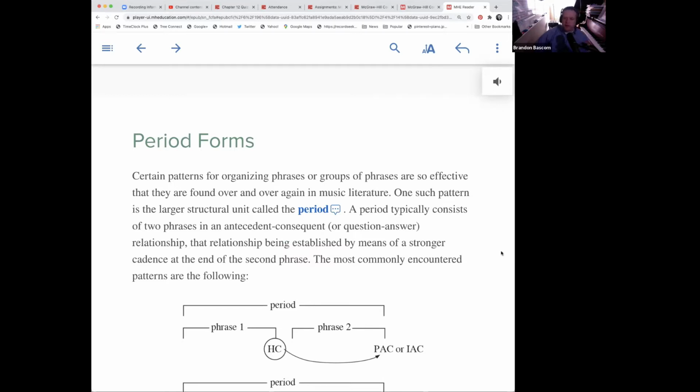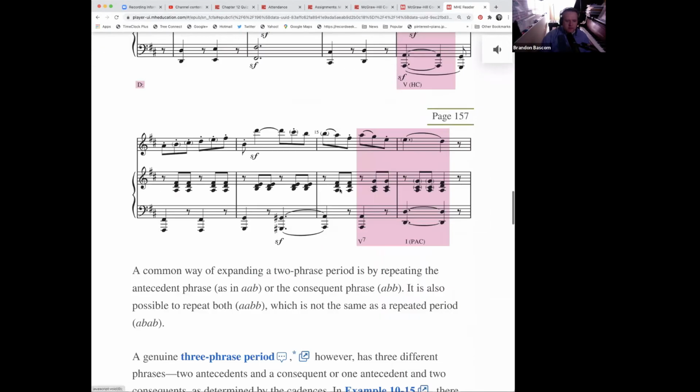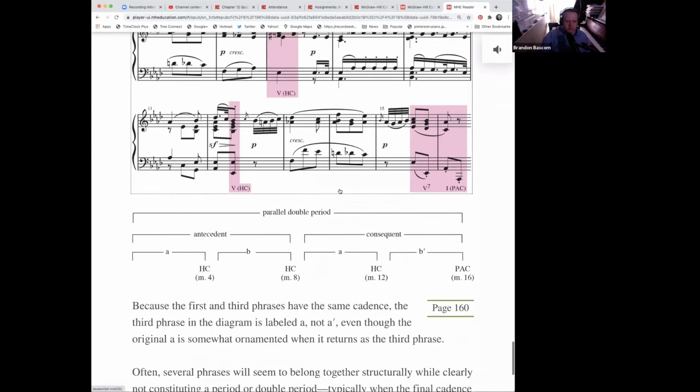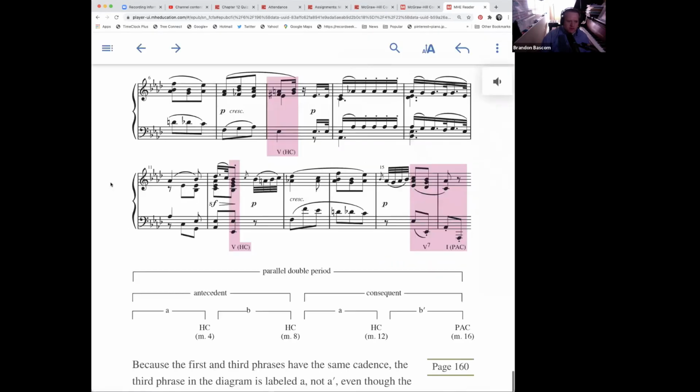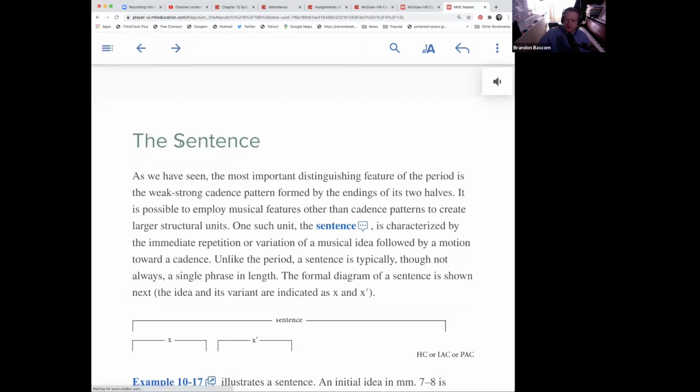And you got to select which is the right one for the musical excerpt that you've been given. Does that make sense? Let's find an example. But first, we need to talk about the sentence.